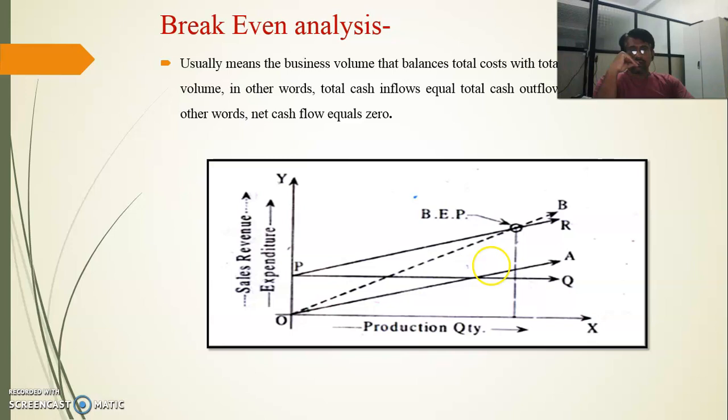That is the labor cost and other expenditures on the production, all of which are taken into the line OA. As the production quantity increases, OA simultaneously increases. So we get a fixed slope for this line OA, which represents that as the production quantity increases, the variable cost increases.